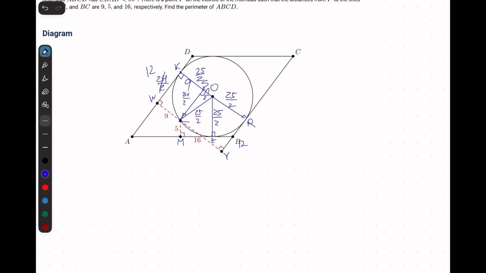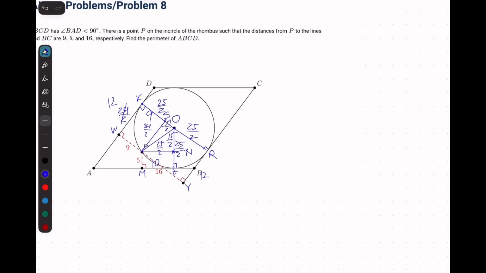Now, let's say that the line drawn perpendicular to OZ from P meets OZ at N. Then ON equals 25 over 2 minus 5, which is 15 over 2. Therefore, PN is equal to MZ is equal to 20 over 2, which is 10. Now let's just write this down.